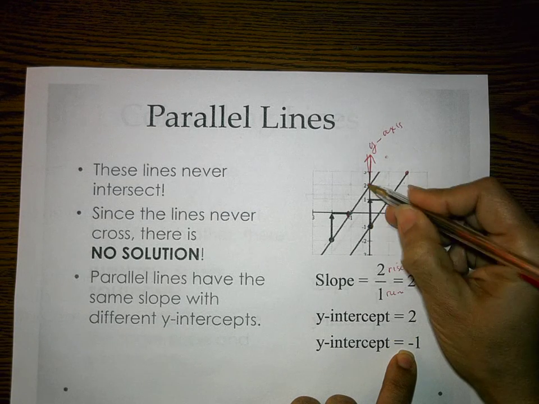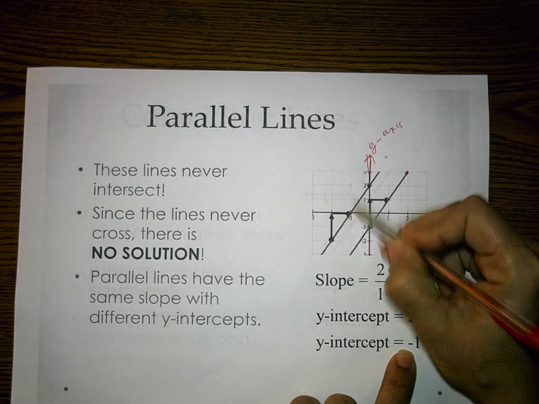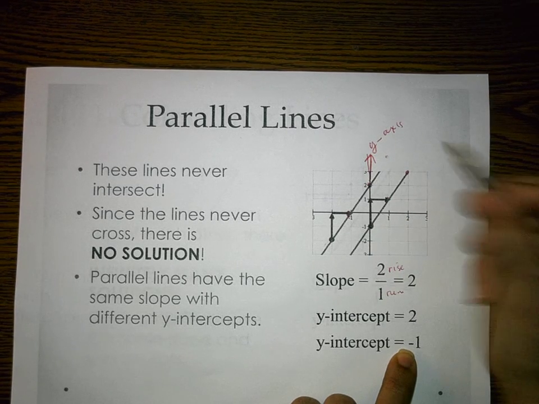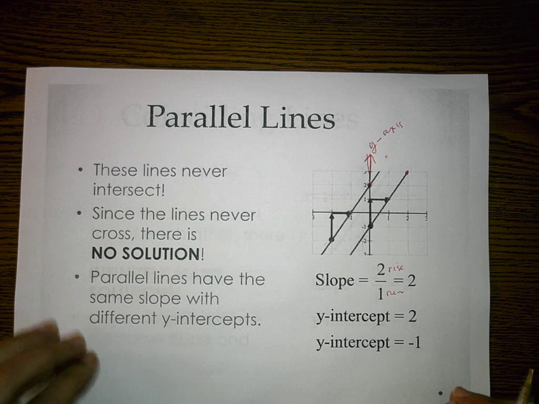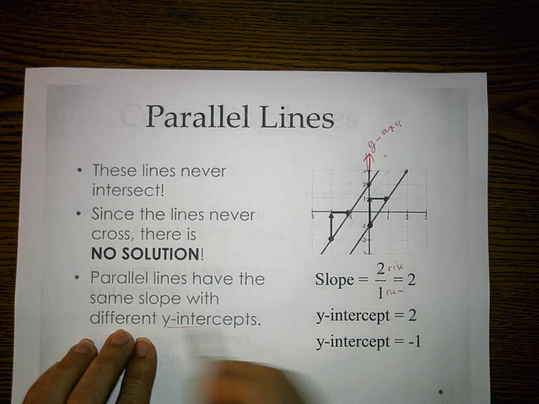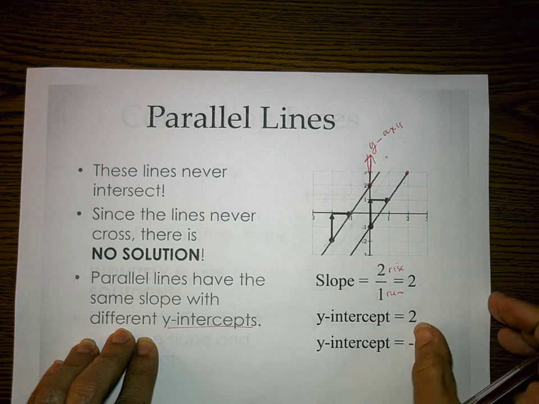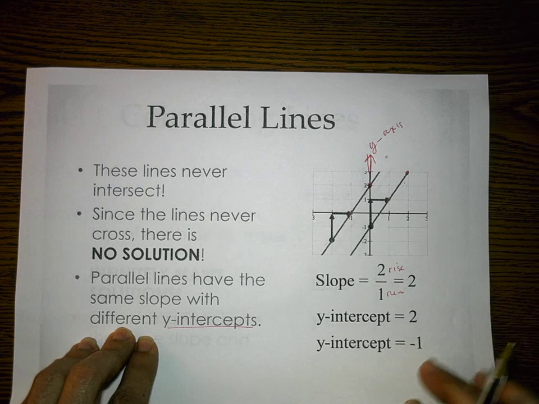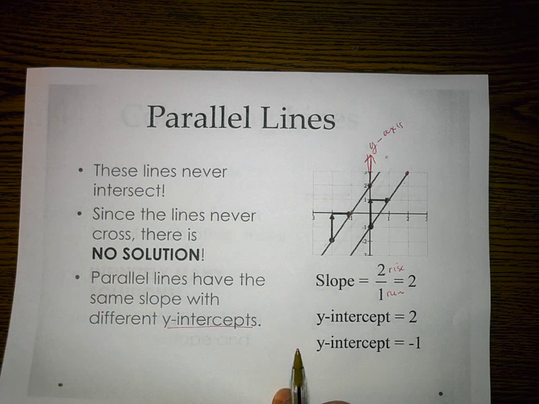So they touch the y-axis at 2 different places, but they have the exact same slope. They grow at the same rate, okay? So parallel lines have the same slope but different y-intercepts. They touch the y-axis in a different spot. So they never meet. They don't have an intersection. So there's no solution for parallel lines, okay?